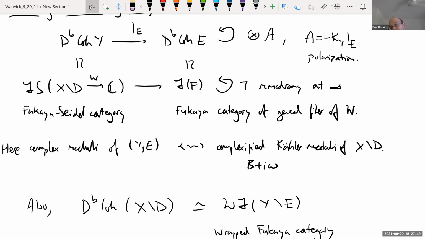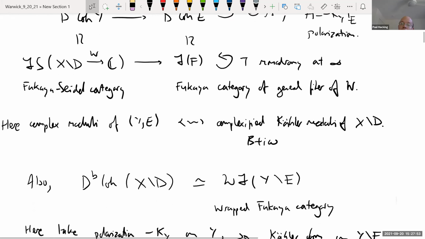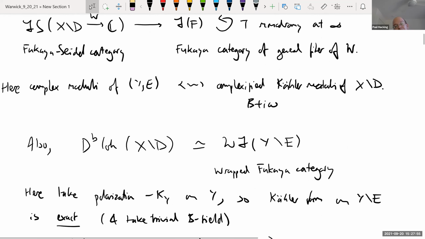But anyway, we have this equivalence conjecturally. And again, this equivalence in the case of del Pezzo surfaces is now established by work of Keating in the hypersurface case and myself and Keating in the general case.